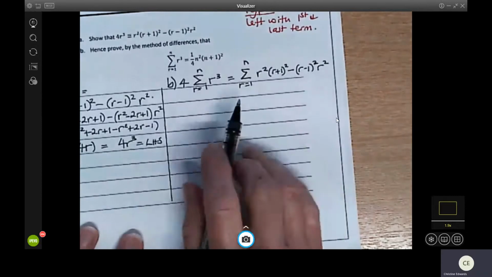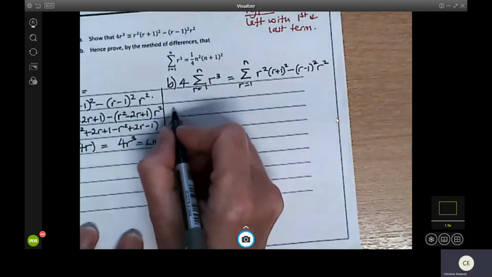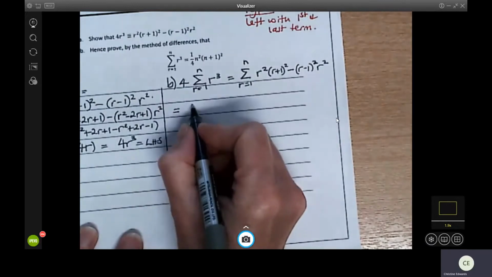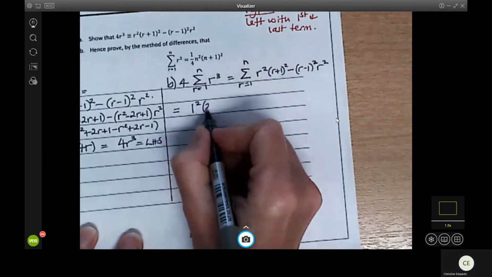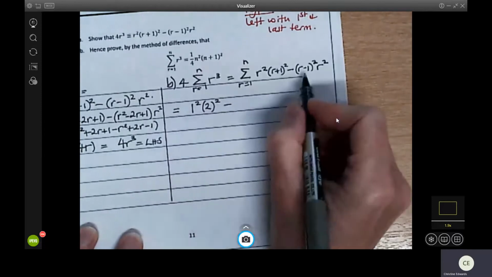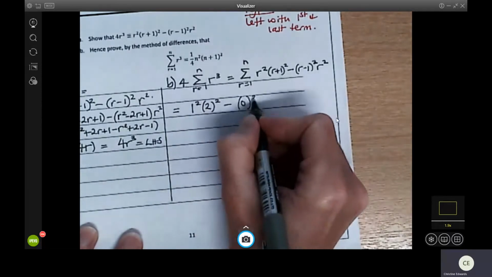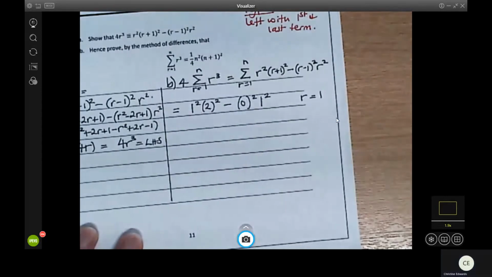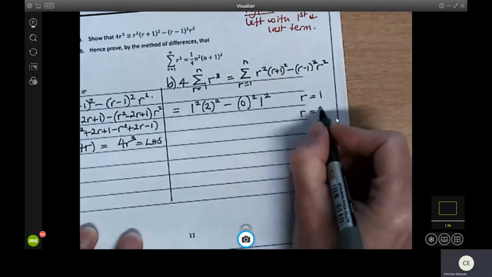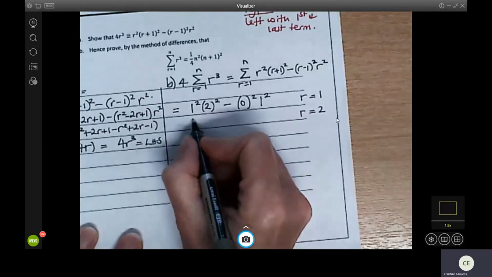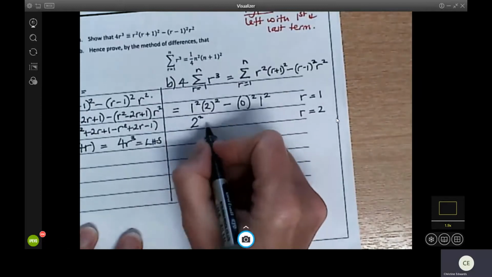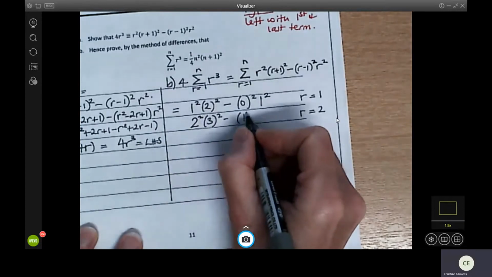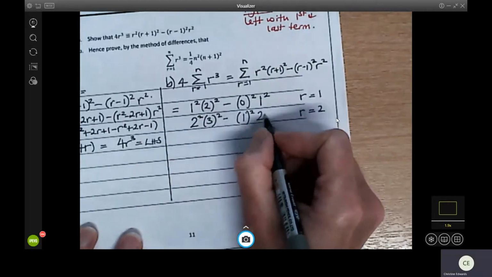So subbing in r equals 1, I will get 1 squared 2 squared, minus 0 squared 1 squared. Let's then put in r equals 2. That's going to give me 2 squared 3 squared minus 1 squared 2 squared.